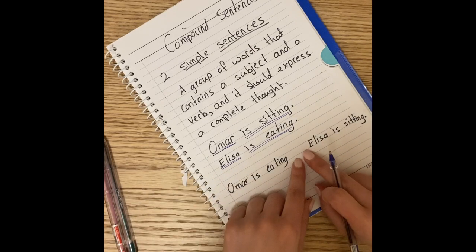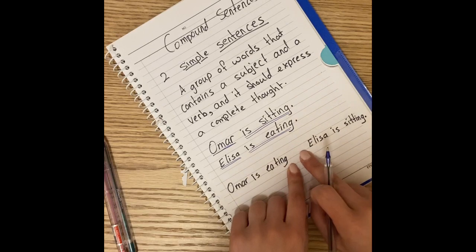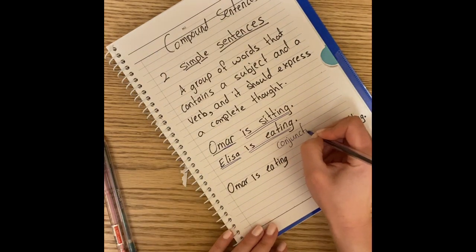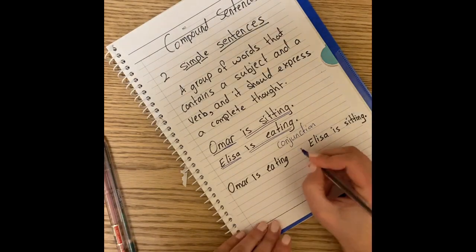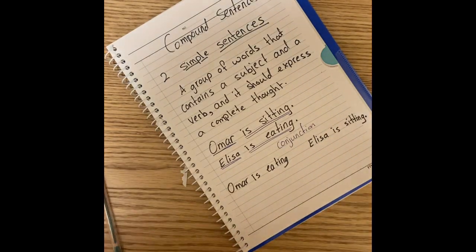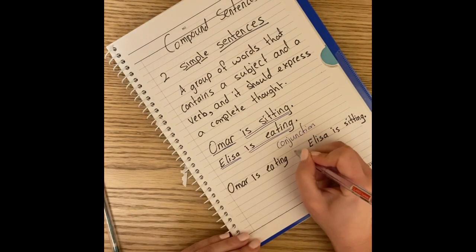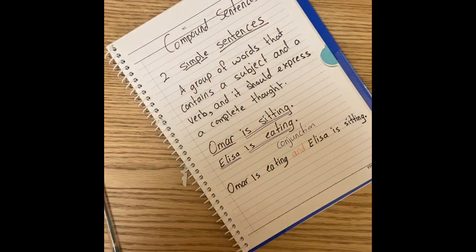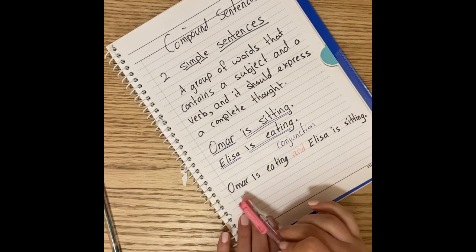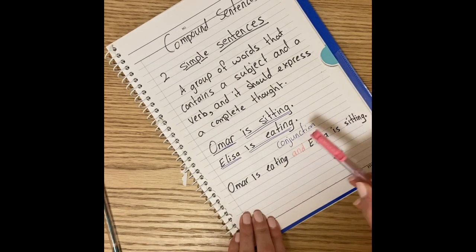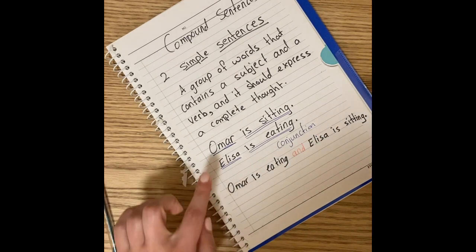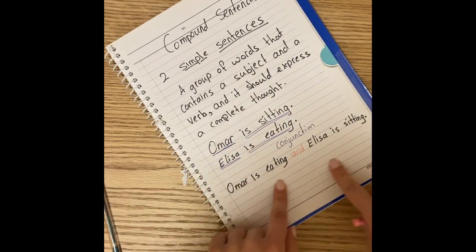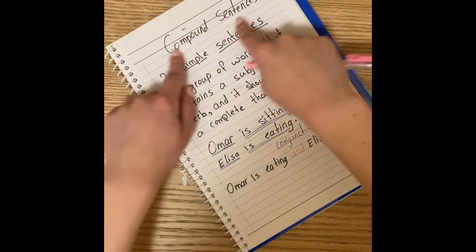Now, this word that I'm going to write over here is called a conjunction. Okay, and I'm going to use the word and. Okay. So my compound sentence is Umar is eating and Elisa is sitting. So I joined these two simple sentences using a conjunction to have one compound sentence.